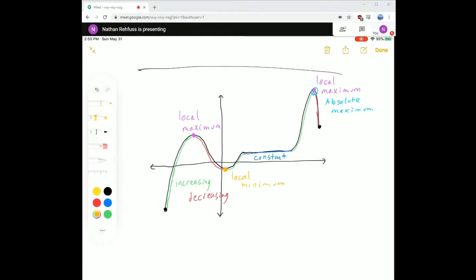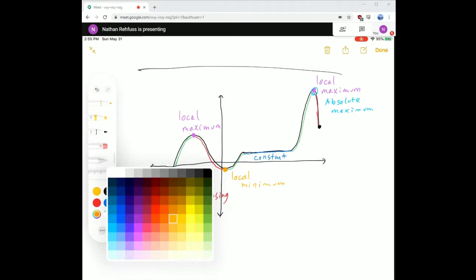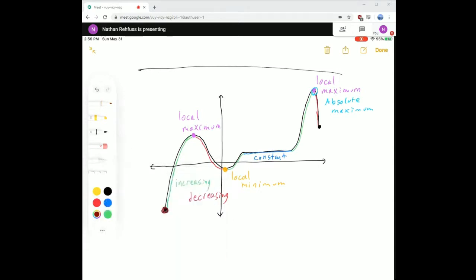And then it's not the absolute minimum because down at this end of the graph is the total pits. So that point right there, what color haven't I used yet? How about a nice scarlet? This point right here, come on, there we go. This is the absolute minimum. So see, all of these words mean exactly the same thing as they mean in English.